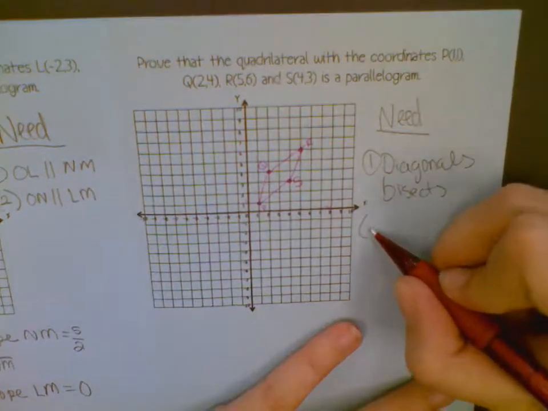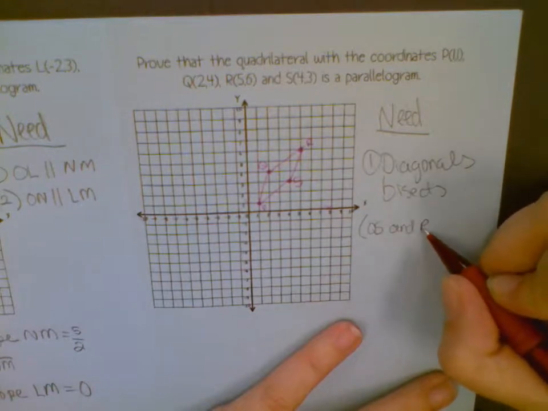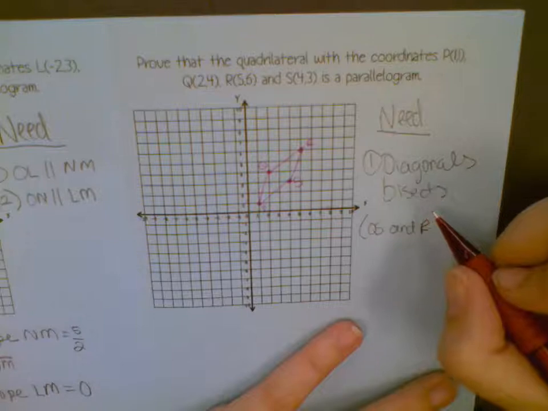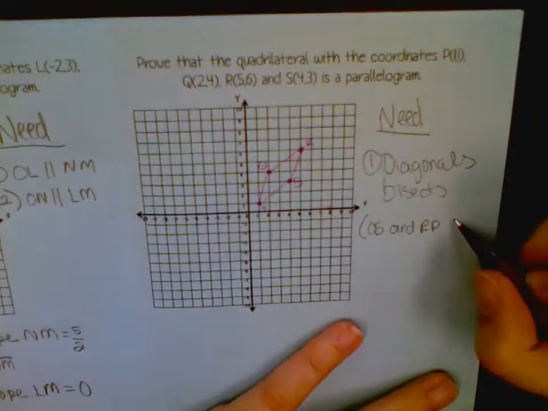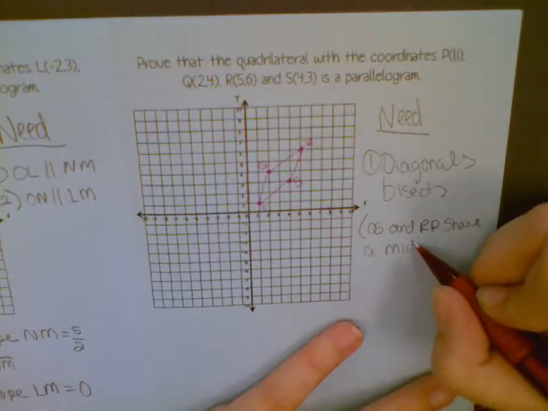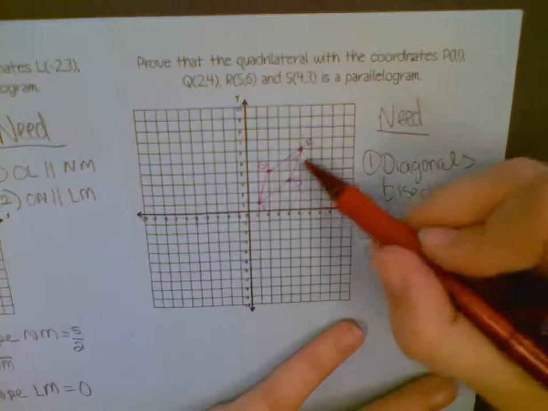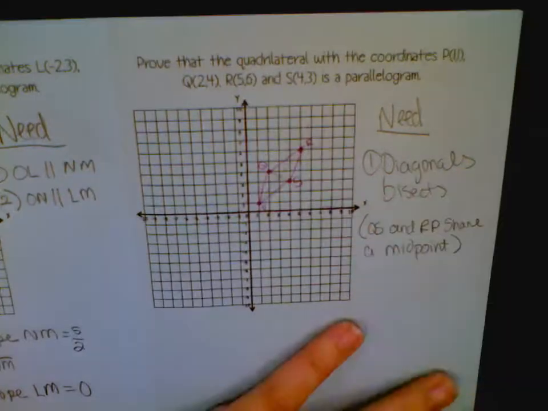So that would mean that QS and RP share a midpoint. So if we find the midpoints of those diagonals, they should land at the same point.